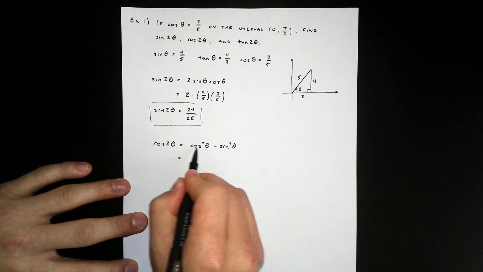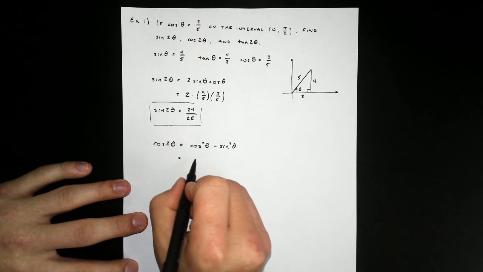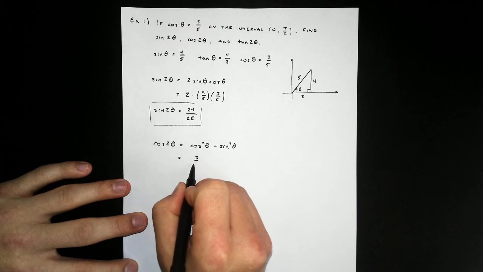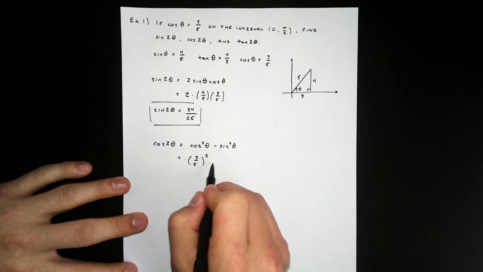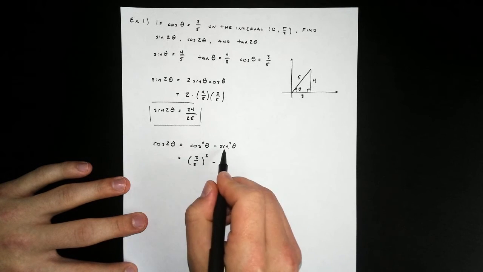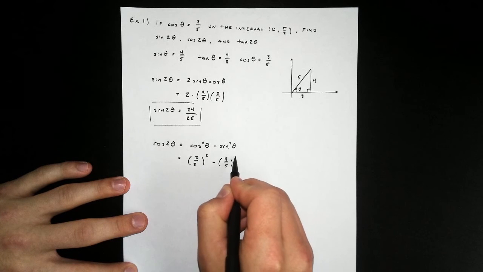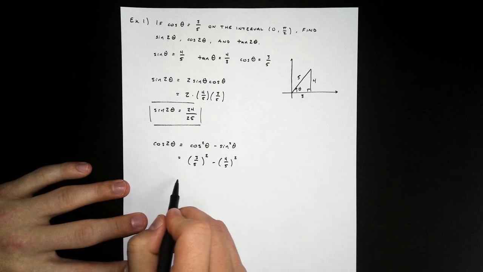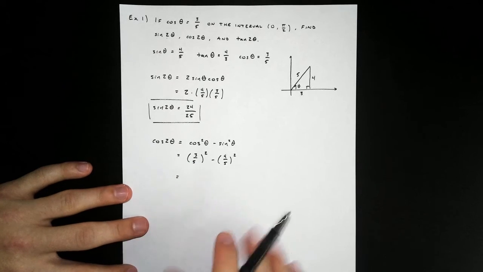And again, we know the value for cosine theta and sine of theta, so we can plug that in. Cosine of theta was 3/5, then we need to square that, and then minus sine squared, so 4/5, and we'll square that one as well. Squaring a fraction, square the numerator, square the denominator.